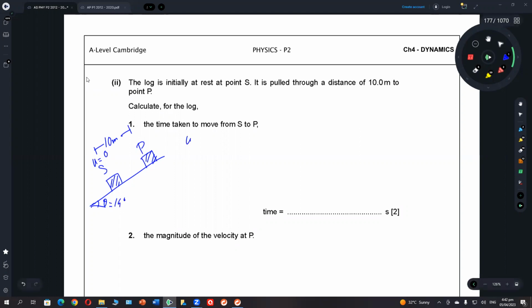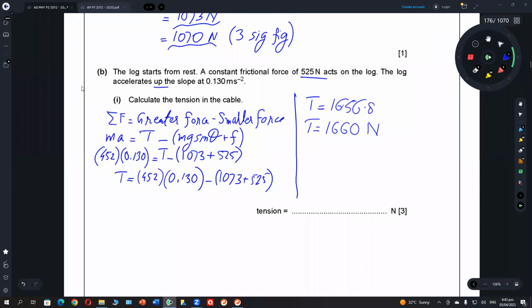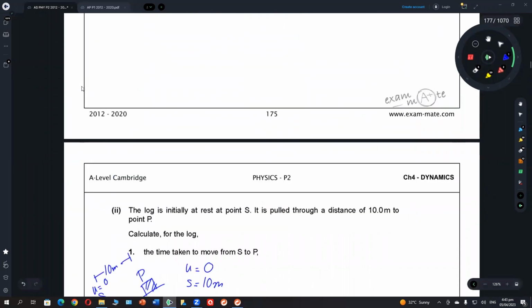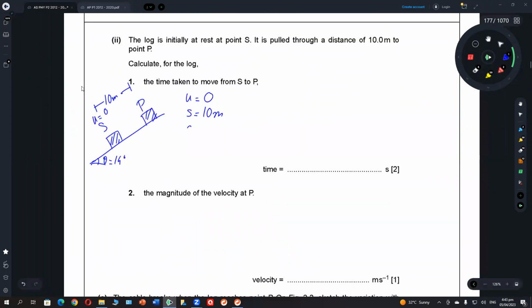So let's make the data. u is equal to 0 and s is equal to 10 meter. What is the acceleration? 0.13. This is the acceleration.